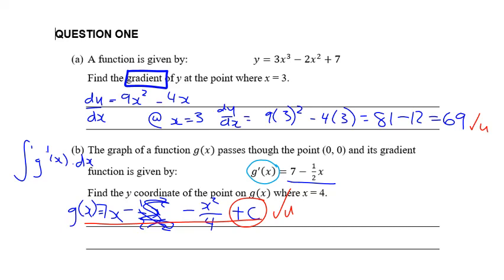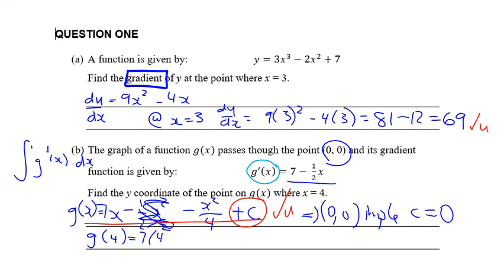Okay. Goes through (0, 0). So you could say (0, 0) implies c equals 0. That's why you probably left it out. But you didn't say plus c, therefore you need it. And then you should have gone g of 4 is 7 lots of 4, 28, minus 4 squared, 16 divided by 4 is 4.